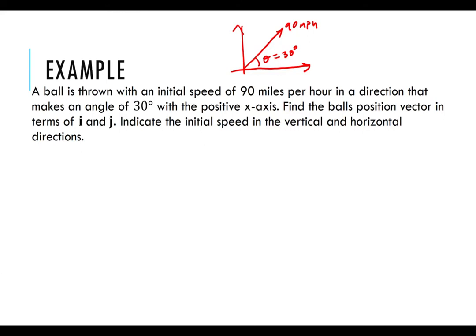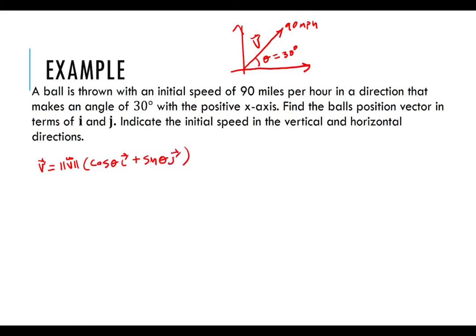The vectors, remember, in component form, and I haven't named this vector, so why don't we call it vector v. Then we know that vector v is equal to the magnitude of v times cosine theta i plus sine theta j hat.